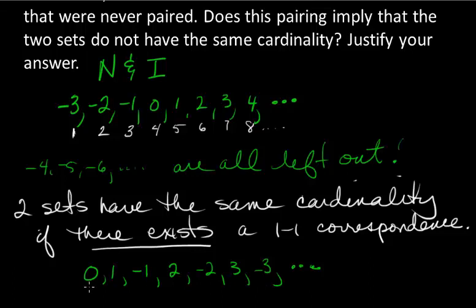So every integer is paired with a natural number, and every natural number is paired with an integer. In this way, 1 is matched to 0, 2, 3, 4, 5 is matched to the 5th on the list, 6 is matched to the 6th number on the list, 7, etc.